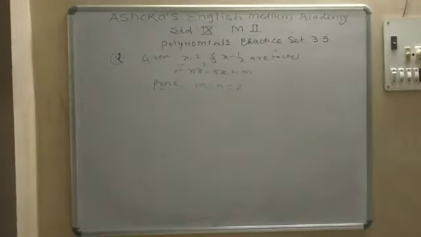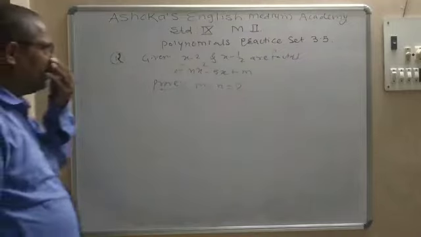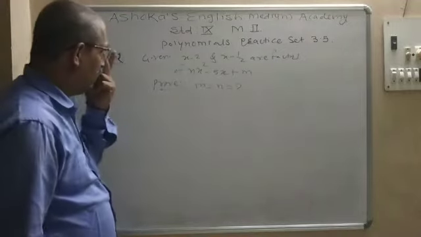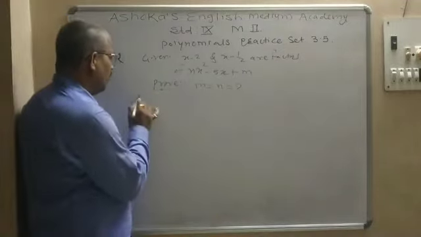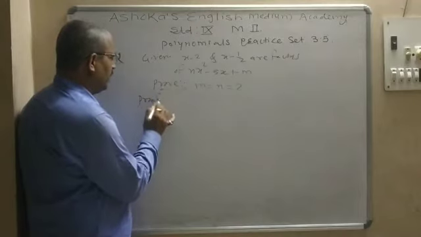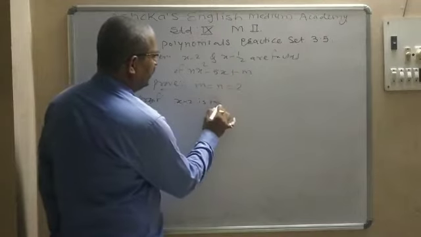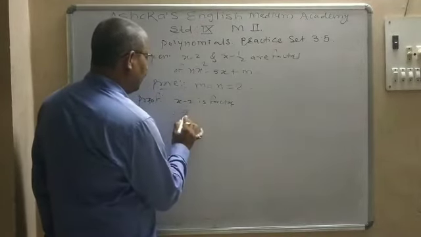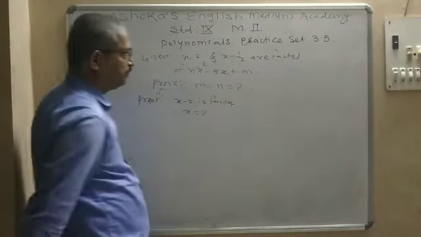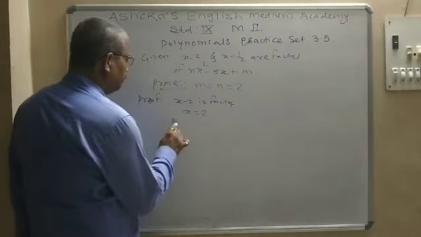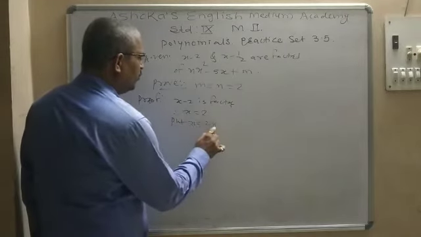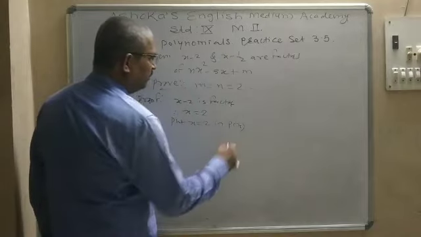Means in short, here we should find the remainder. How will you prove? I will write here proof. x minus 2 is a factor. Therefore, x is equal to 2. Then put x is equal to 2 in p(x).